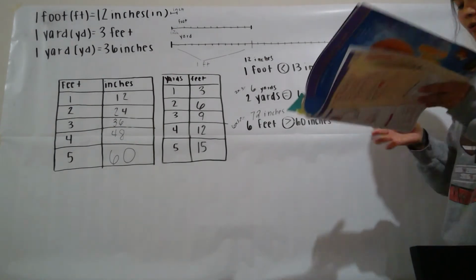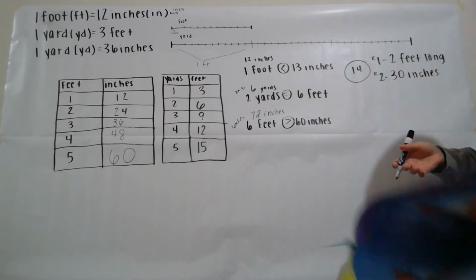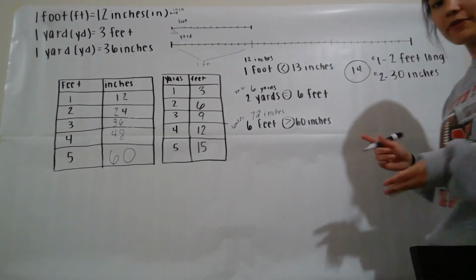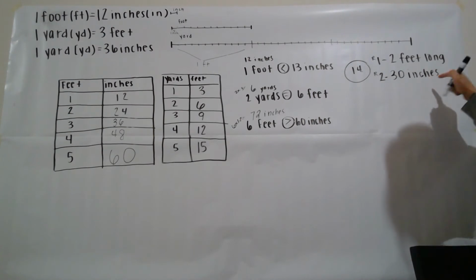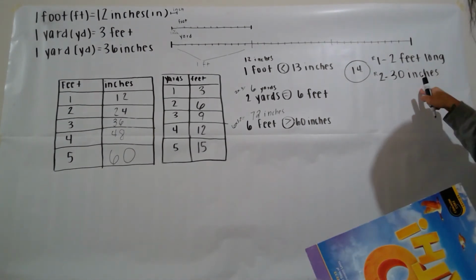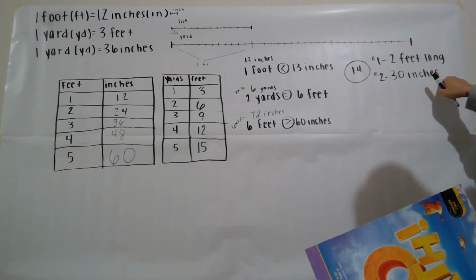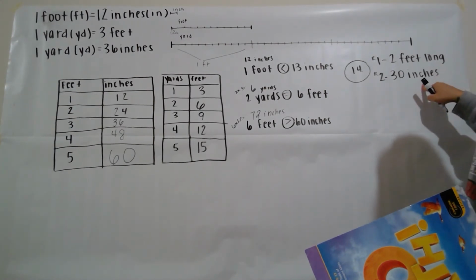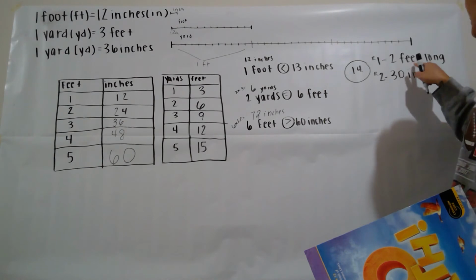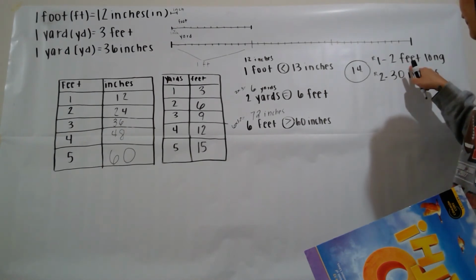So again, like over here, we're going to compare the two. And we're going to put them in the smaller measurement. So think about, is feet or inches smaller? Inches is smaller, so we're going to put them both into inches. So think about how many inches are in 2 feet.